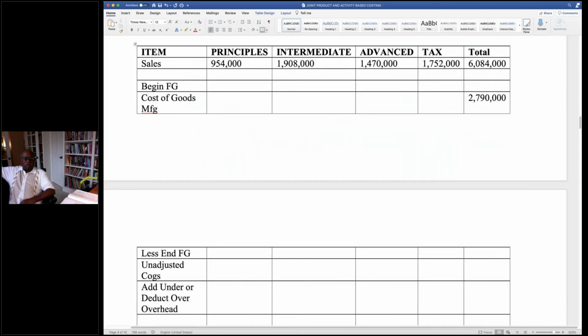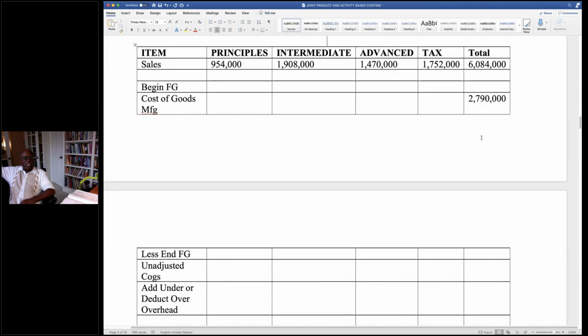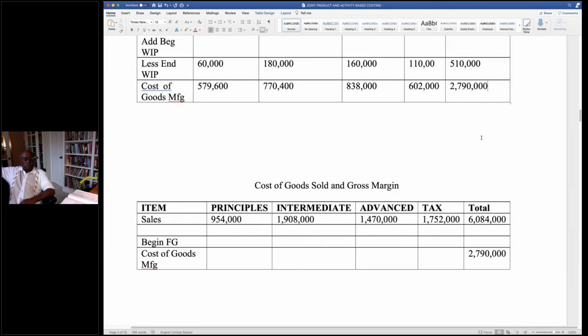Oh no, you don't have to do that, because that's Excel. You're in Word. That's why she can't do it. I can just put it in. I know what the numbers are.